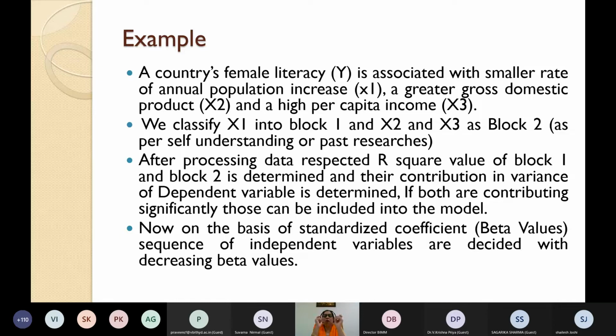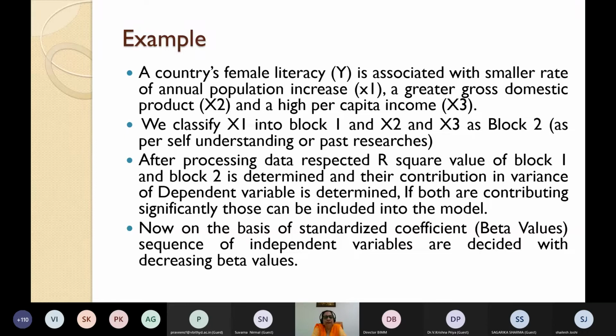So after these blocks are made and the data is processed, the impact of block 1 is seen through the respective R square values, and their contribution to the variance of a dependent variable is determined.